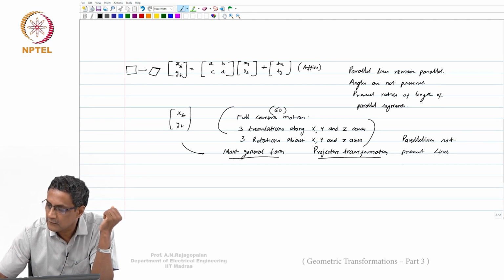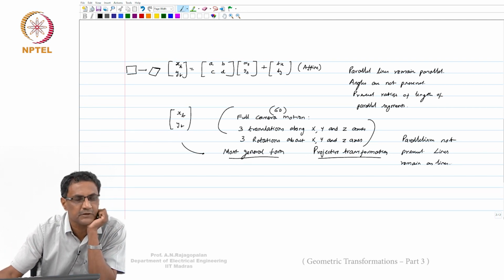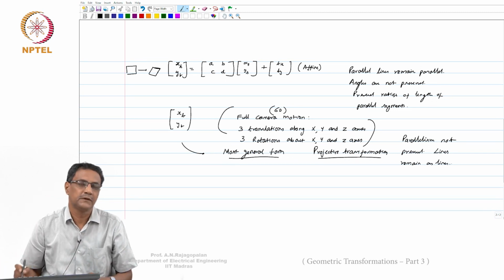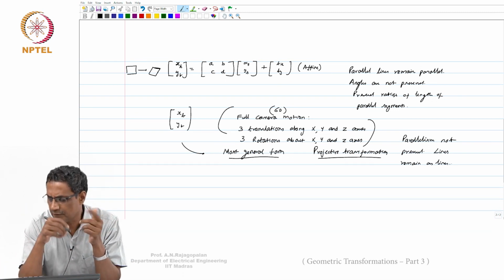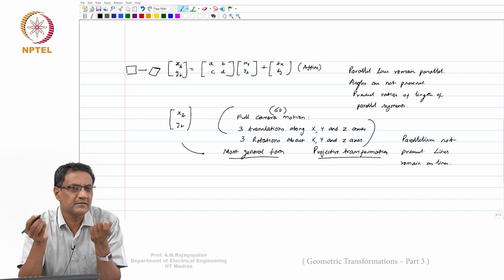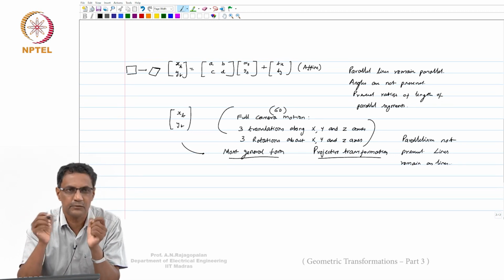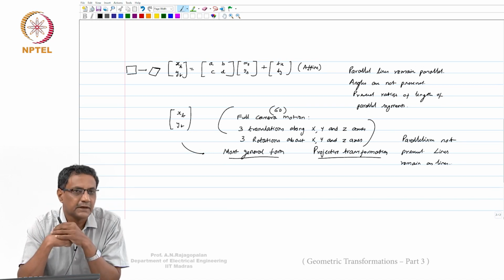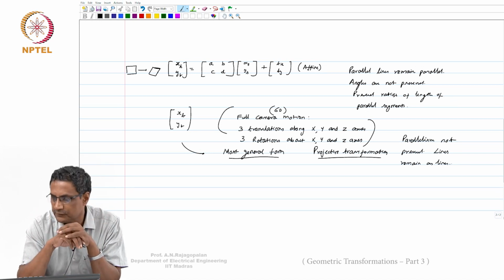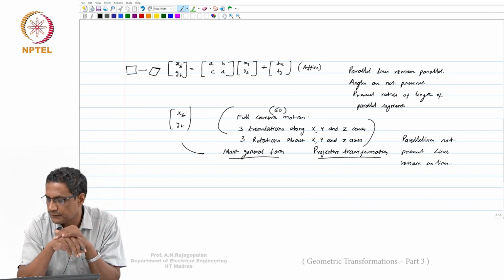Lines remain as lines. It is also supposed to preserve what's called a cross ratio. All that effectively means is that the midpoint of the segments and all don't change. The midpoint remains where it is. We don't have to get too involved in those aspects, but just remember that.